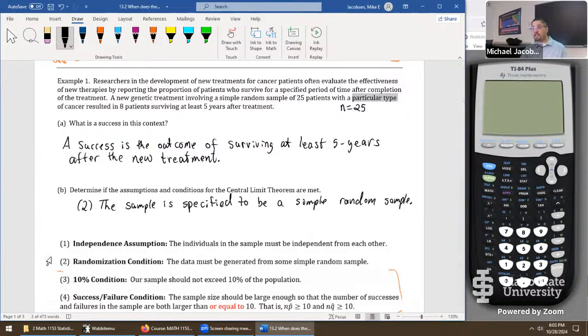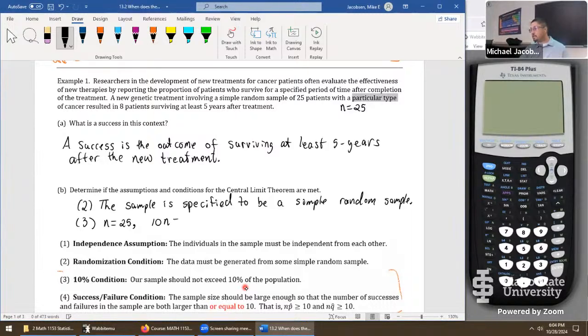So let's take a look into the 10% condition. This is part 3, and this is a great way to start out. Whatever the sample size is, let's just state it here as part of the work. And for the 10% condition, I'm just going to copy the method our author uses. It's a pretty clever method. Take your 10% and just multiply your 25 by 10.